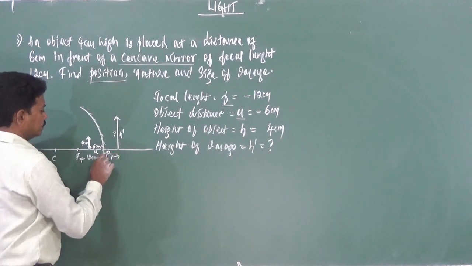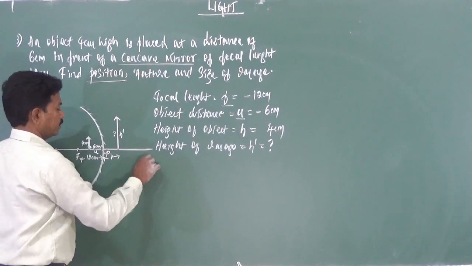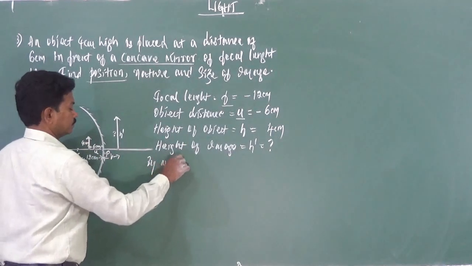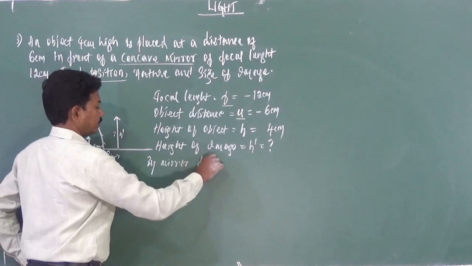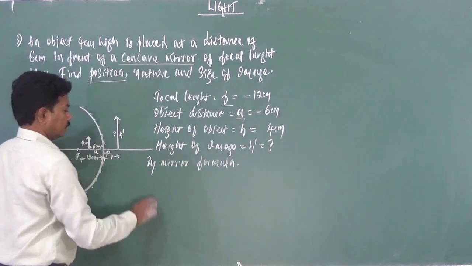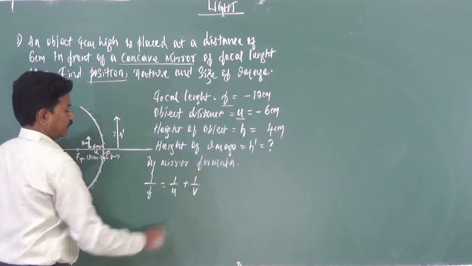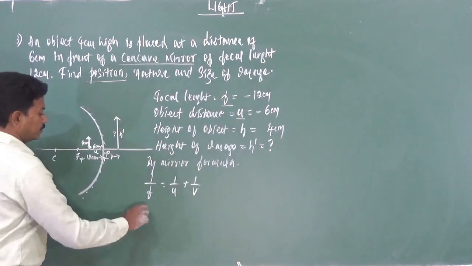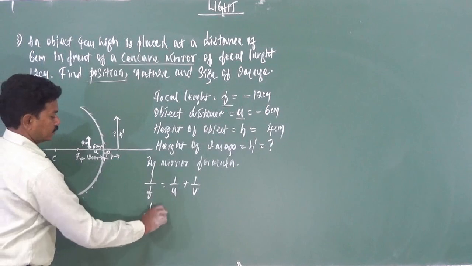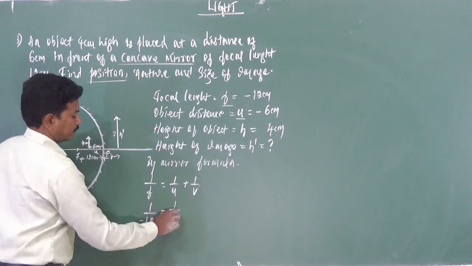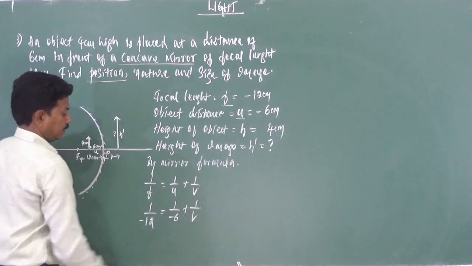So by the mirror formula, 1 by f is equal to 1 by u plus 1 by v. So 1 by f, that is minus 12, is equal to 1 by minus 6 plus 1 by v.